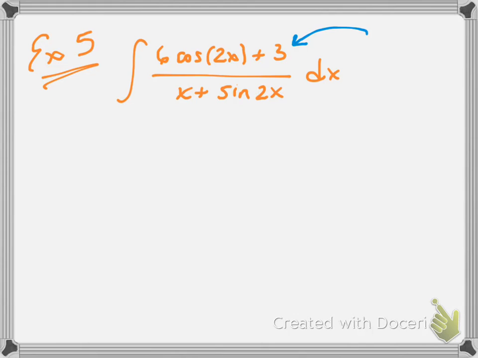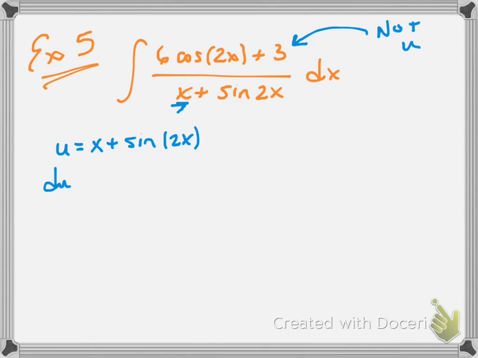The derivative of 3 is 0, so this x wouldn't be appearing anywhere. So let's make a note that the numerator is not u. We're going to stick with our original plan here with a rational function. Not that this is always true, but I would say it's more of a suspicion that the denominator might be a good candidate. So take a look at this one.